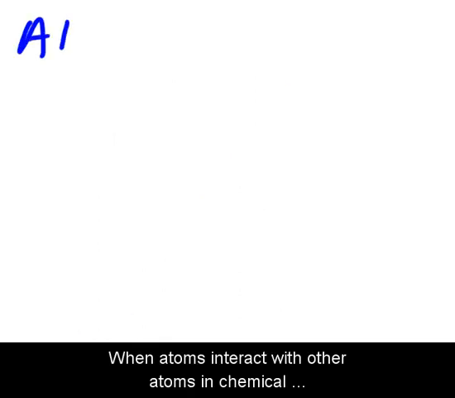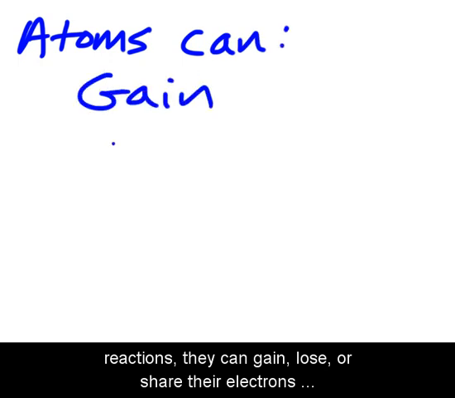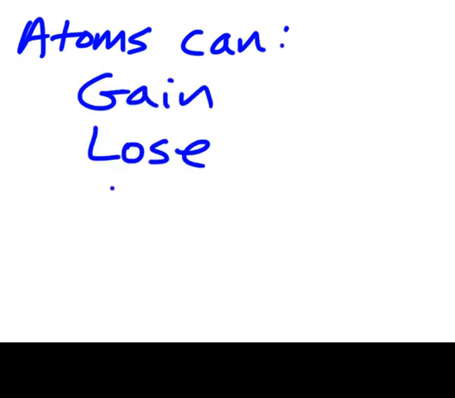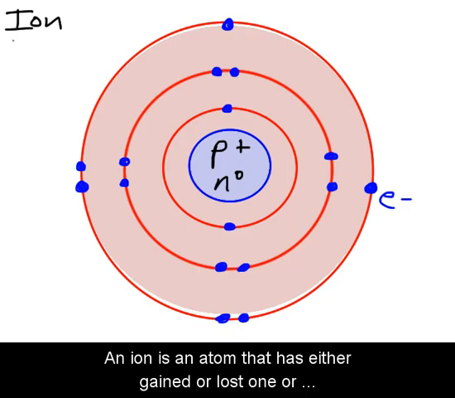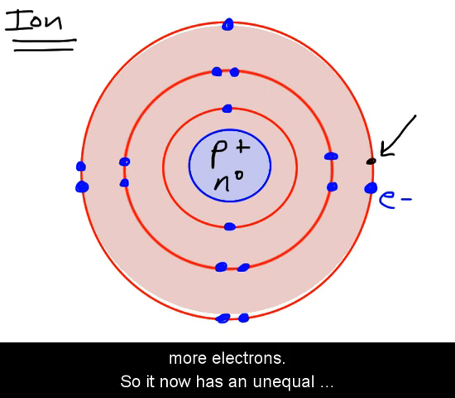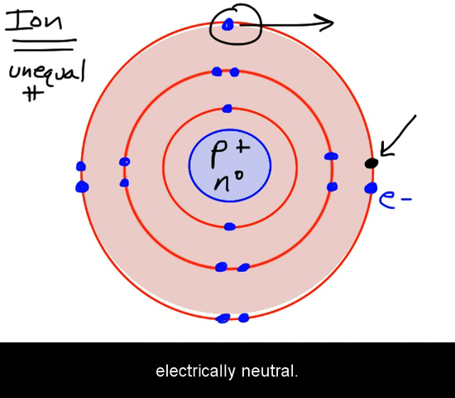When atoms interact with other atoms in chemical reactions, they can gain, lose, or share their electrons in order to become stable. An ion is an atom that has either gained or lost one or more electrons, so it now has an unequal number of protons and electrons and is no longer electrically neutral.